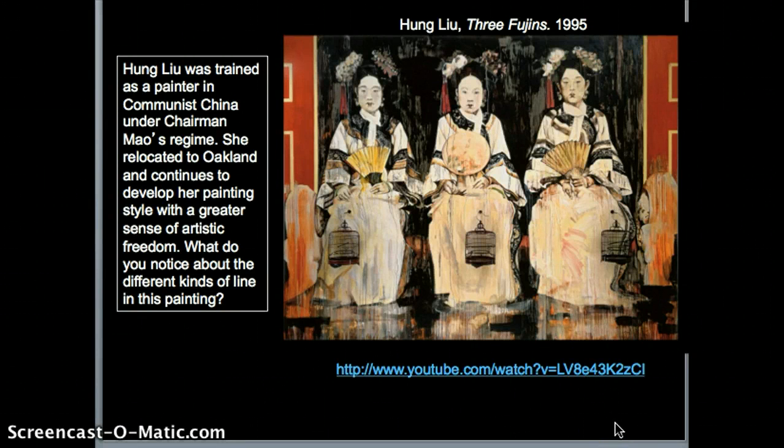So here's a contemporary artist, Hung Lu. She was originally trained as a painter in communist China under Mao, and she relocated to New York and then ended up here in Oakland in the Bay Area, and she continues to paint. Her techniques are a mixture of her communist training and also her free expressive American style, and we see that with her brush strokes.